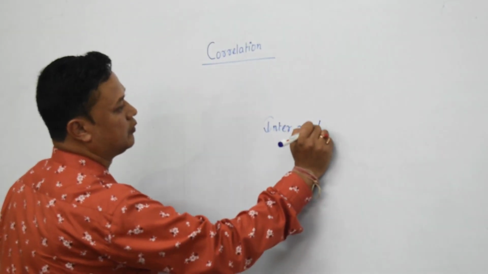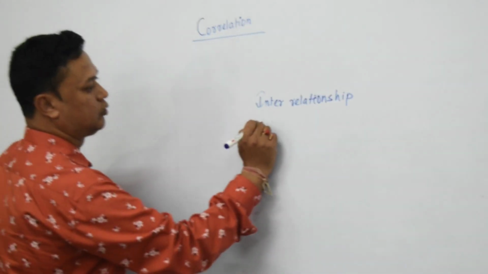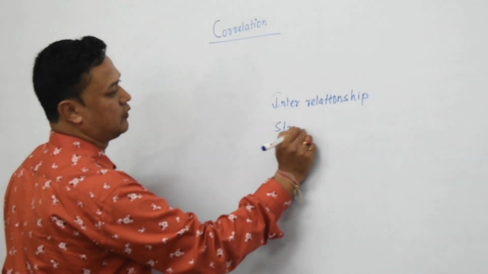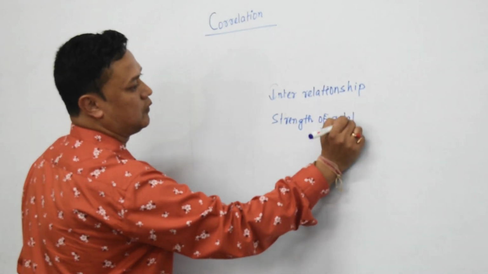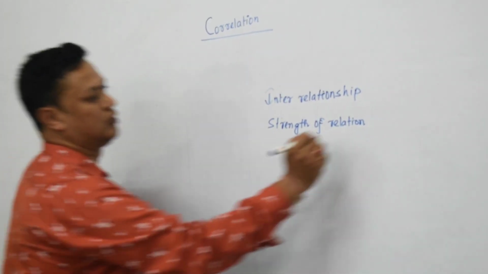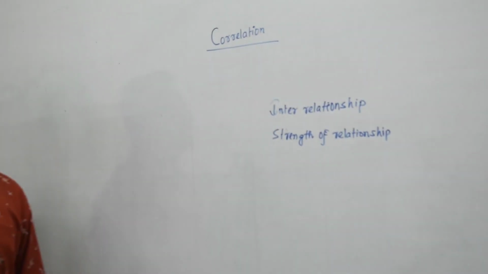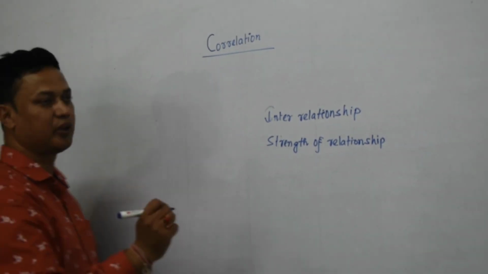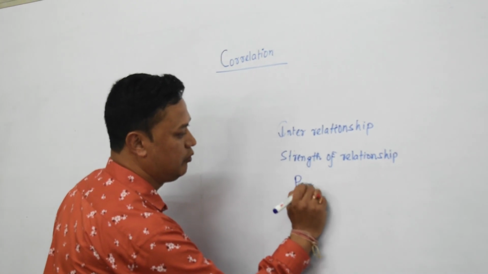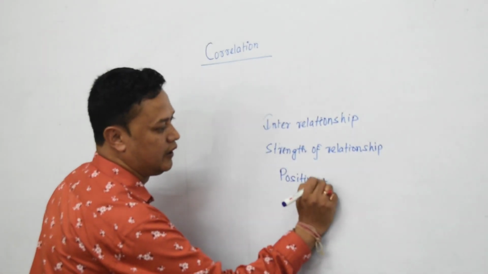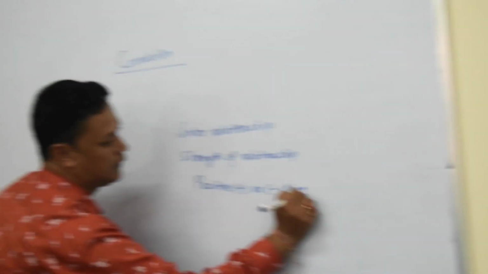We are judging the interrelationship, the strength of relation, and it can be positive or negative, right?